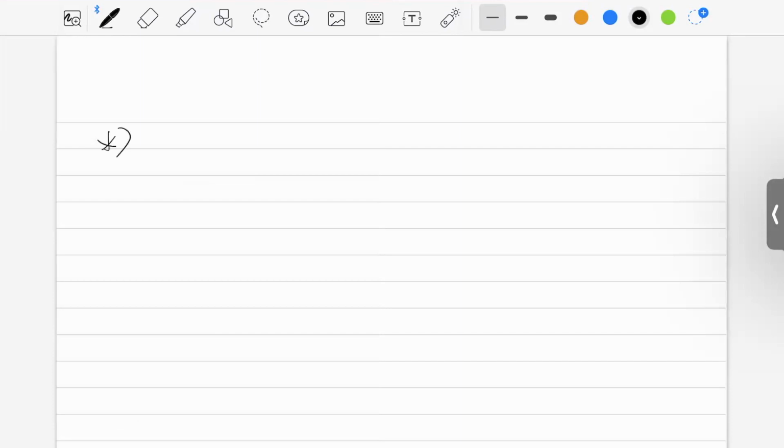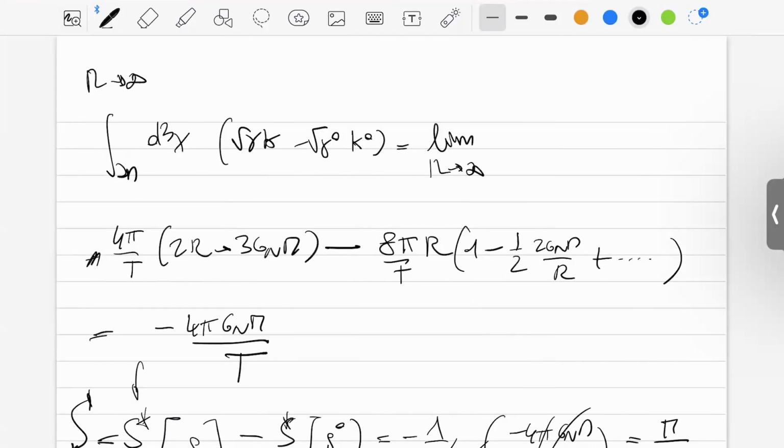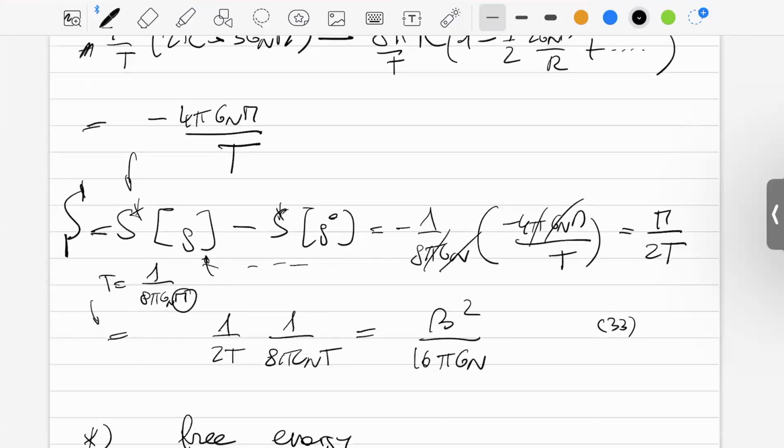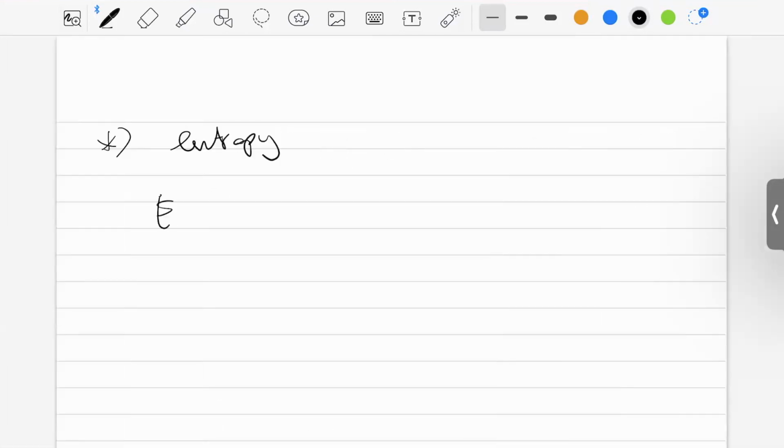And last but not least, we have the thing that we most desired, namely the entropy. So the entropy is usually S, but I already used S for the action, so I just write entropy in words.